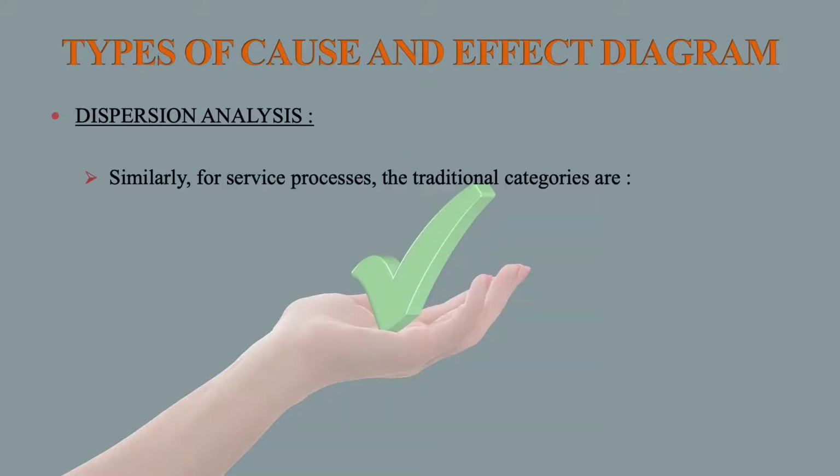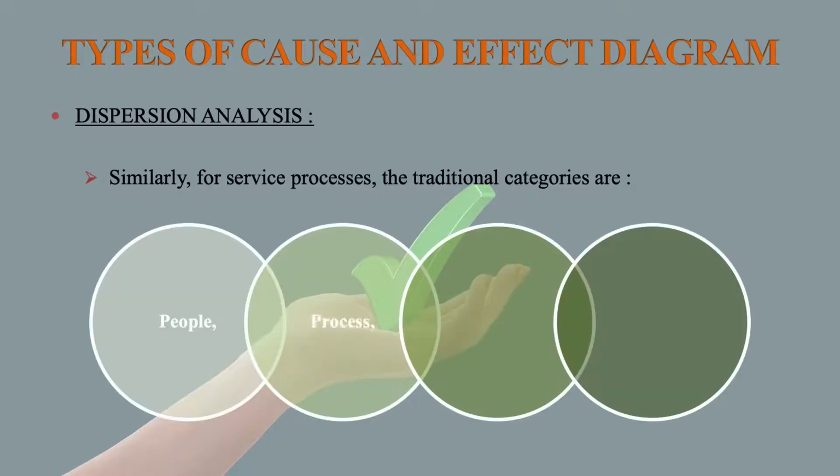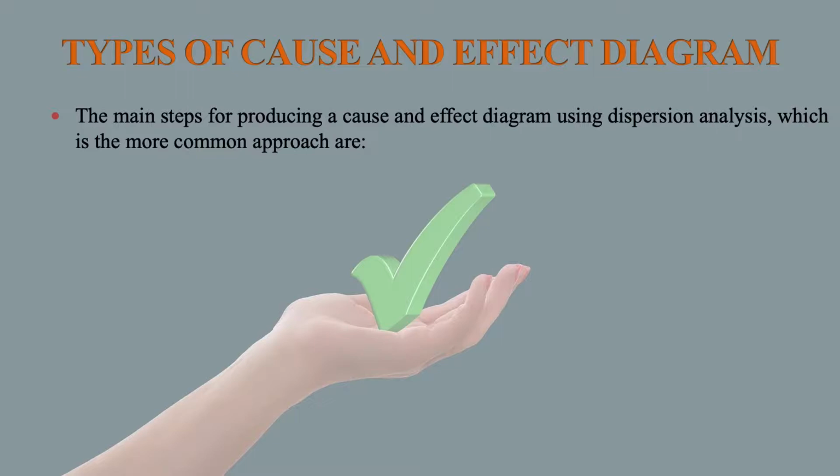For dispersion analysis, similarly for service processes, the traditional categories are people, processes, frame conditions and work environment. So for manufacturing processes there will be different causes, and for services different categories will be there.